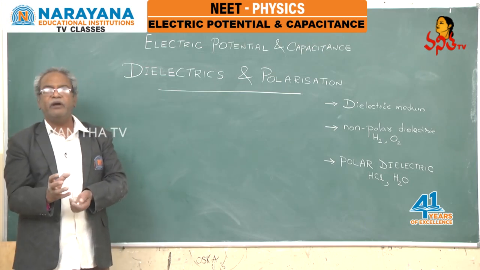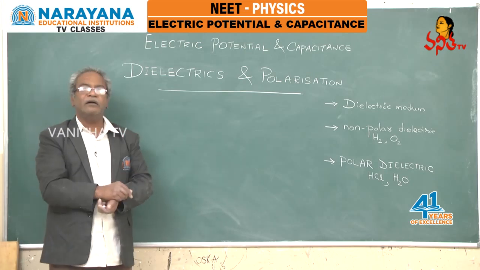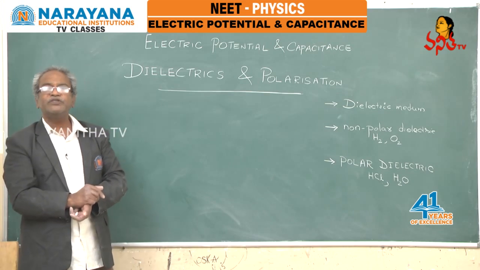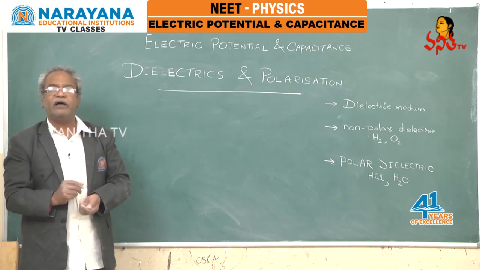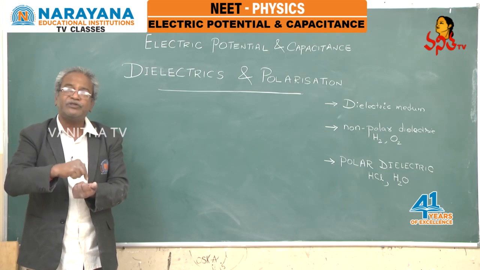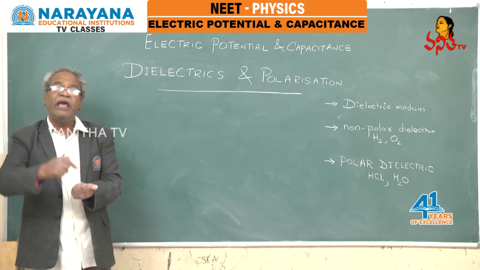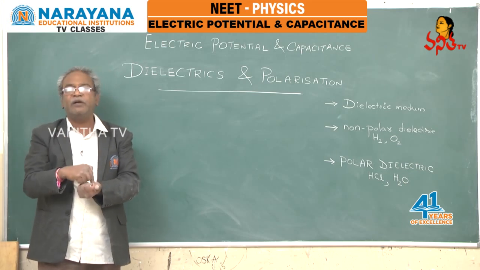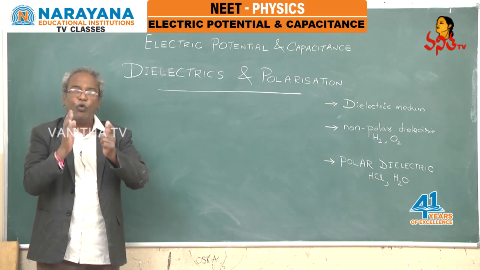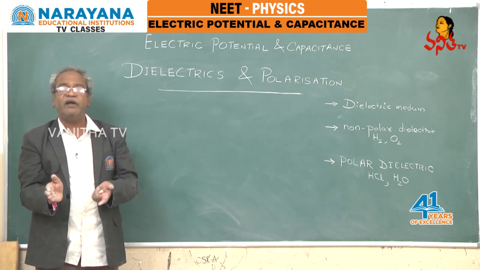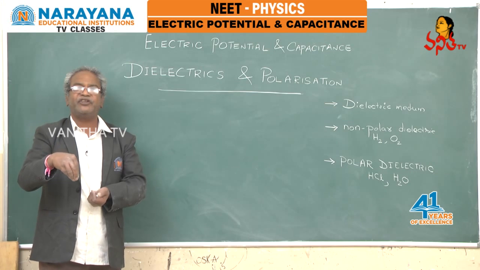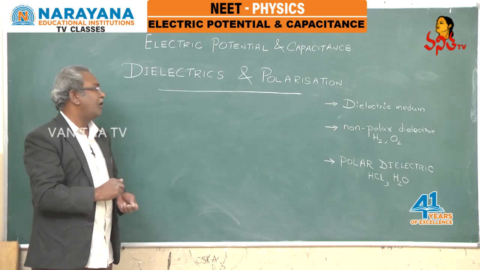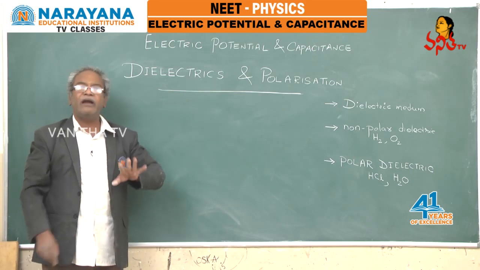Non-polar dielectric medium means substances like hydrogen and oxygen, whose molecules are such that the center of positive charge of a molecule exactly coincides with the center of negative charge of that molecule. That means you won't find any separation between the positive charge concentration and the negative charge concentration. Such a molecule is called a non-polar dielectric molecule.